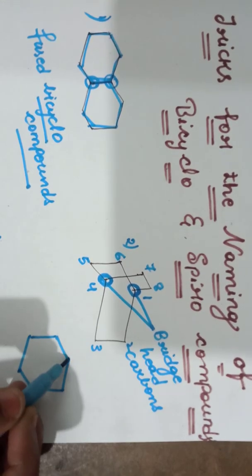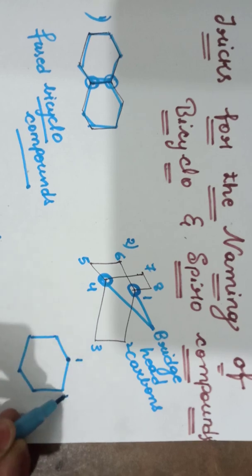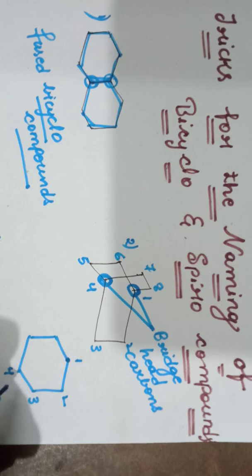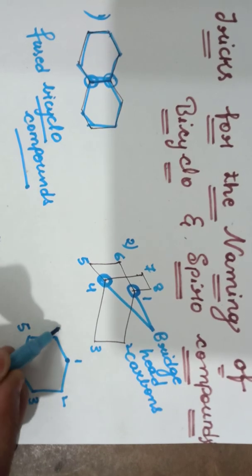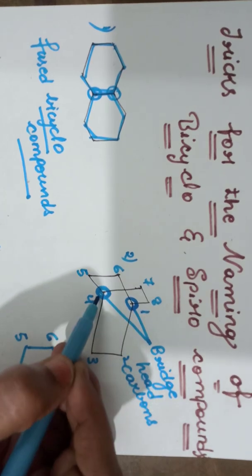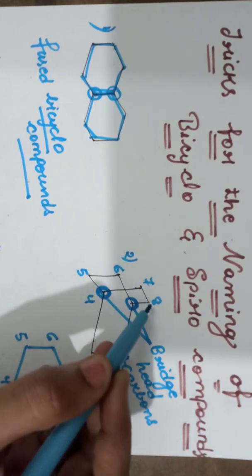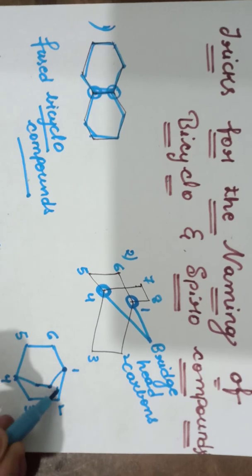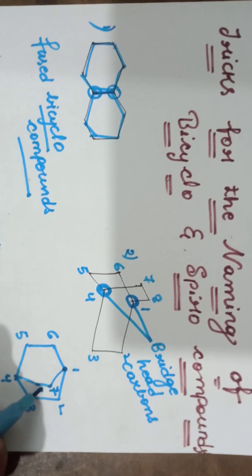This is one of the bridgehead carbons: 1, 2, 3, following the same order, again clockwise, 5, 6. Now the bridging takes place between the first and fourth positions with 2 carbon atoms, which I am numbering as 7 and 8.